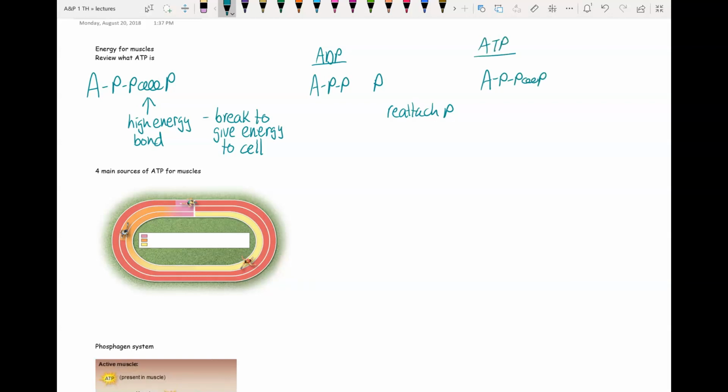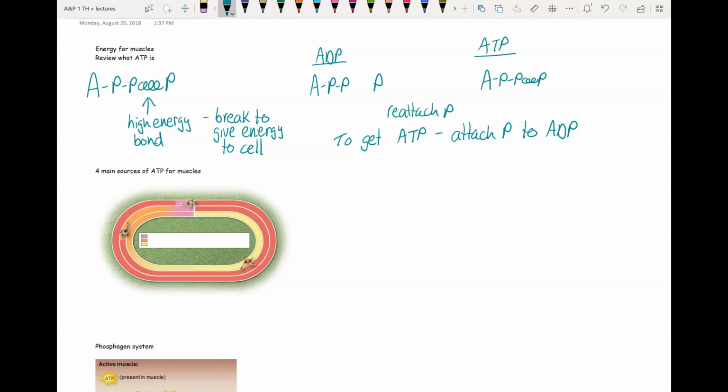So the basics of getting ATP is you just attach a phosphate to an ADP. Muscles have multiple ways to do this.